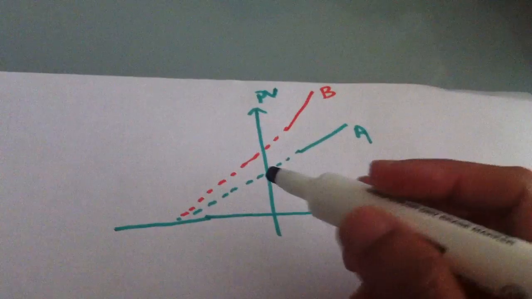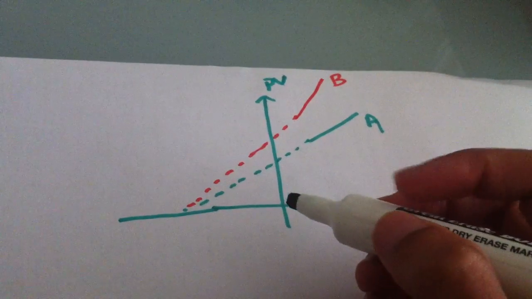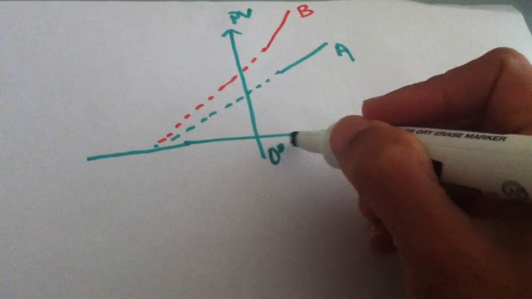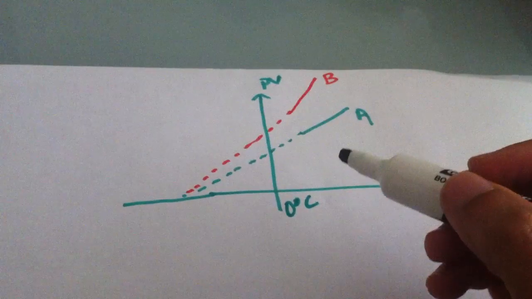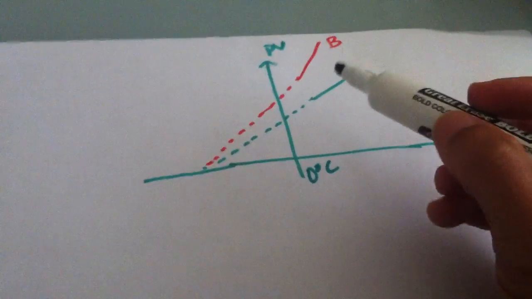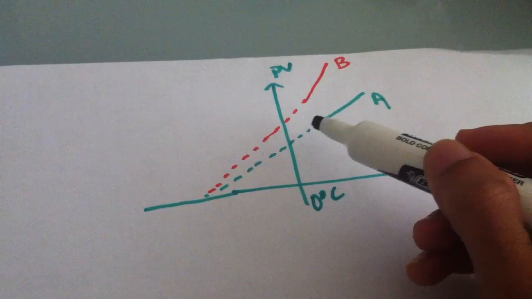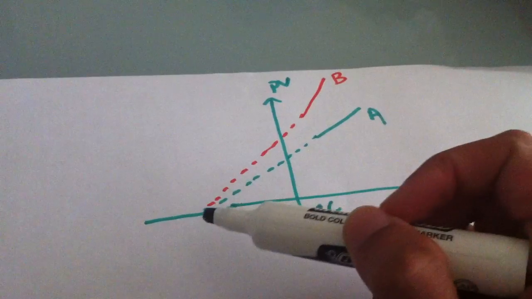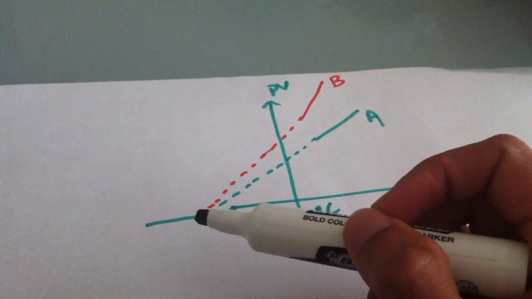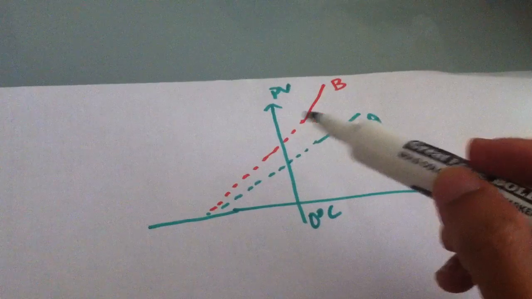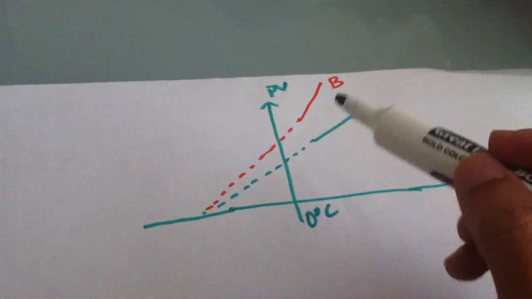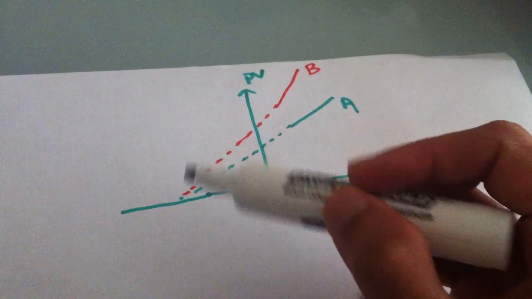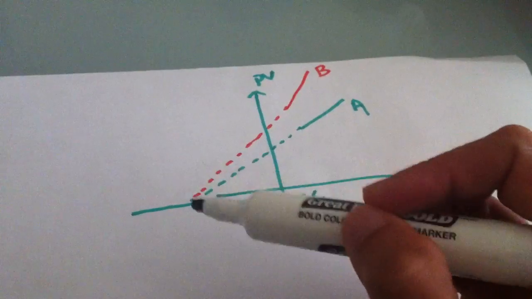And so if I have chosen my axes such that my y-axis intersects the x-axis at a point 0 degrees centigrade, which is the freezing point of water, then if both of us were to extend our straight lines to the left, something very interesting would happen, which is that even though our slopes were different because we were using different gases and different quantities, these curves would intersect the x-axis at the same point.